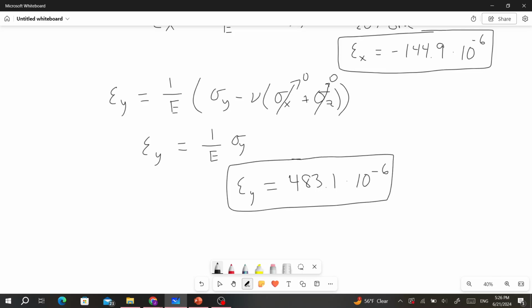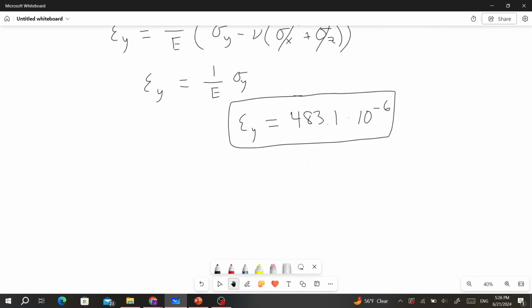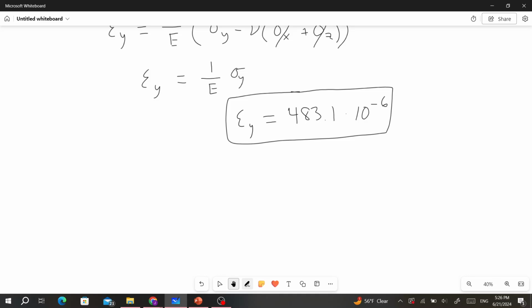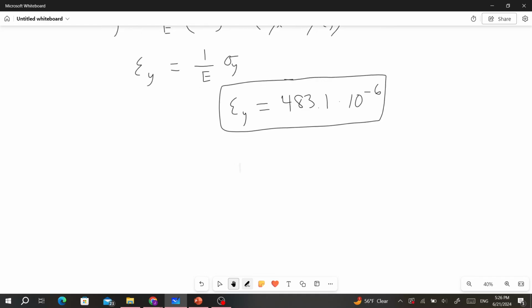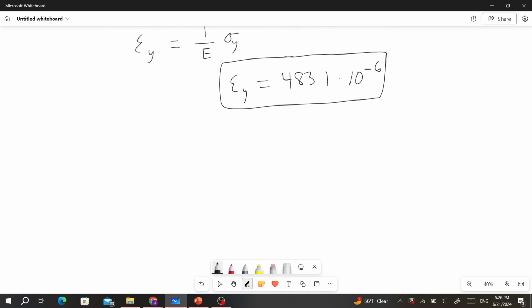Okay, so this one, it's a positive strain, and it's higher than the strain we calculated in epsilon x. So that's just a sanity check, to ensure that the number makes sense, and it does. And then finally, let's calculate epsilon z. So epsilon z is equal to 1 over E times sigma z minus nu times sigma x plus sigma y.